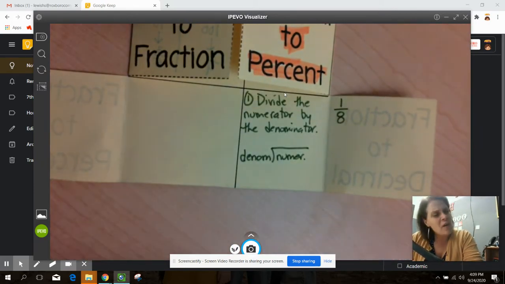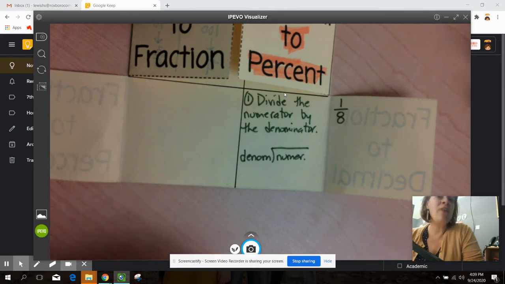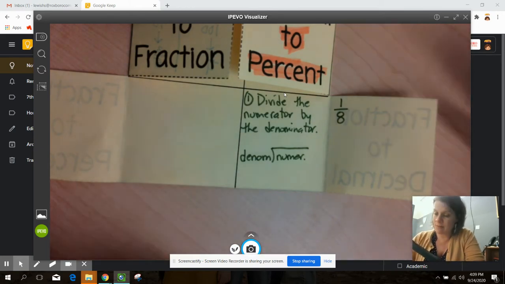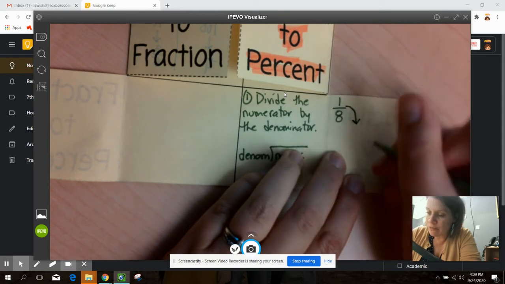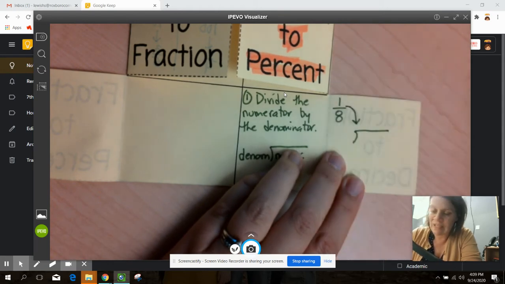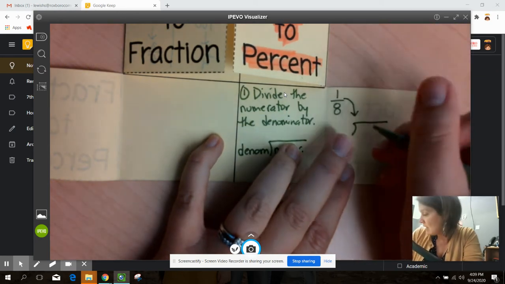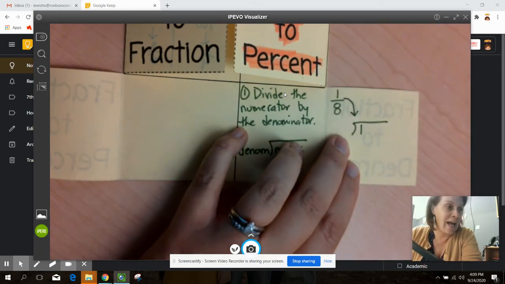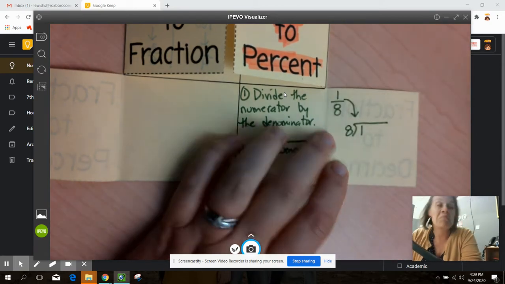Now, I don't know if I thought about this or if one of my students told me, probably one of my students told me, but they told me the way that their teacher taught them to remember this, to divide this, is you think about this fraction falling over into a division sign. Well, when it falls, the 1 is going to fall inside, and the 8 would be on the outside, because of the way it would fall like that. So that's what they taught me.